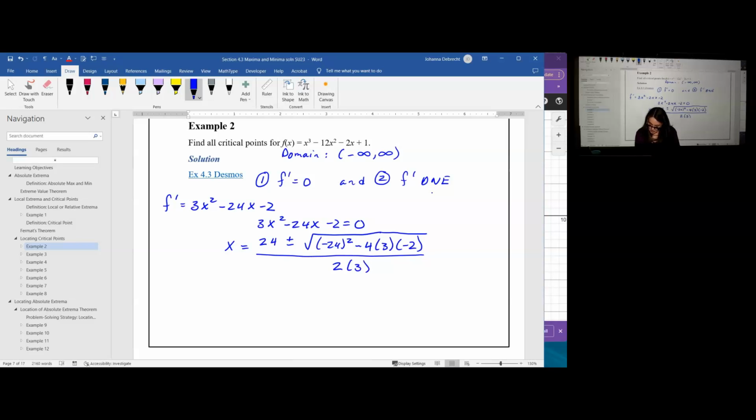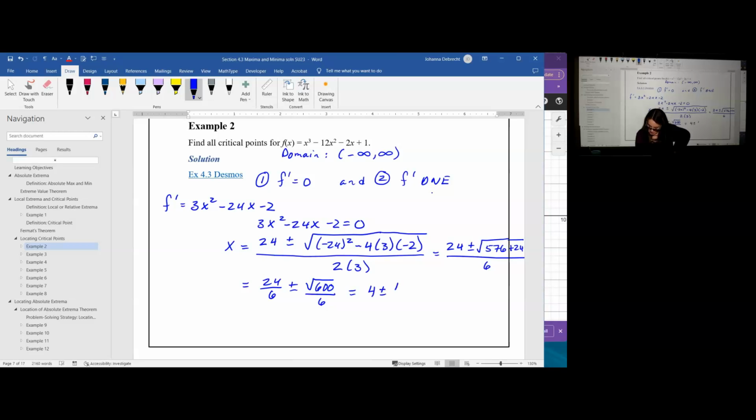Let's go ahead and simplify this now. 24 plus or minus the square root of 576 plus 24, all divided by 6, which turns out to be 24 divided by 6 plus or minus the square root of 600 divided by 6. 600 is 100 times 6, and the square root of 100 is 10.